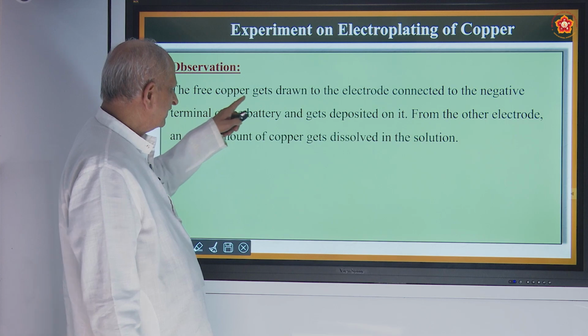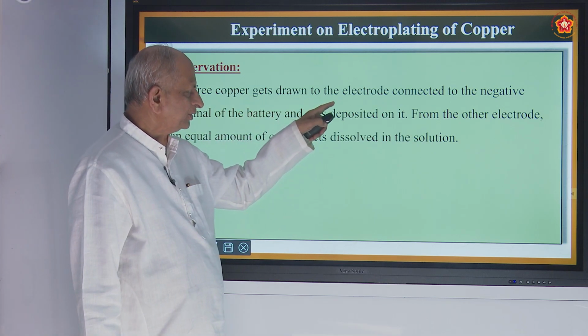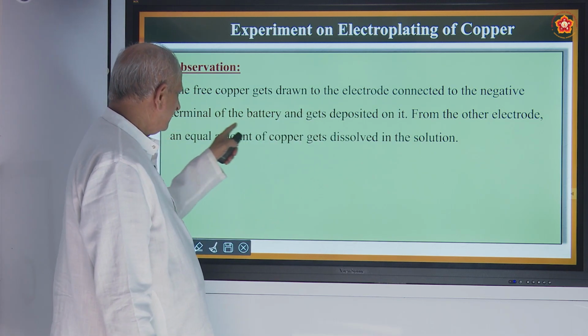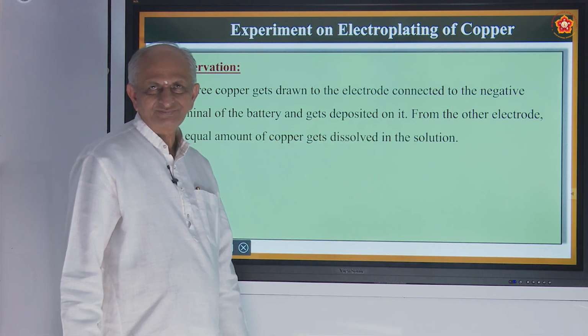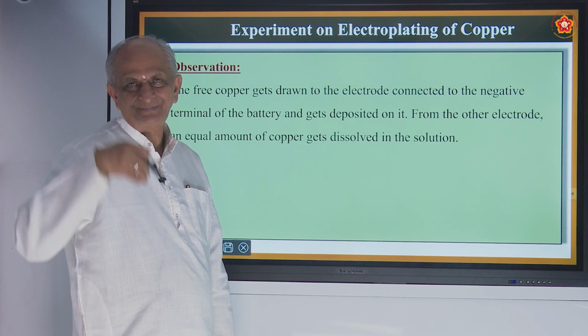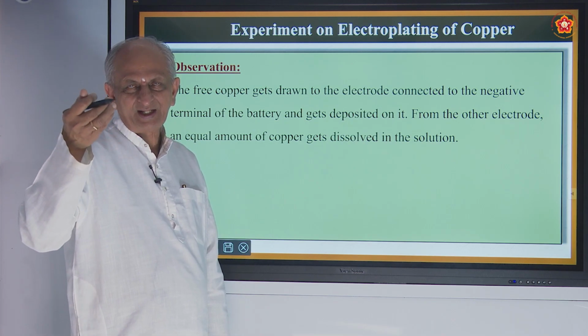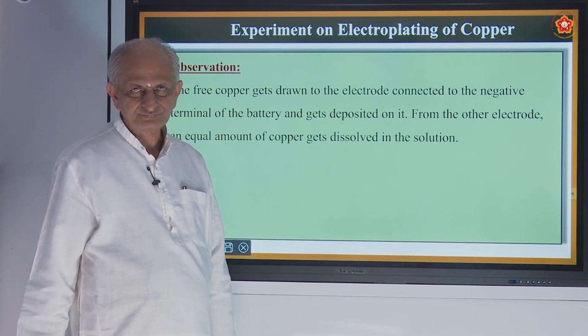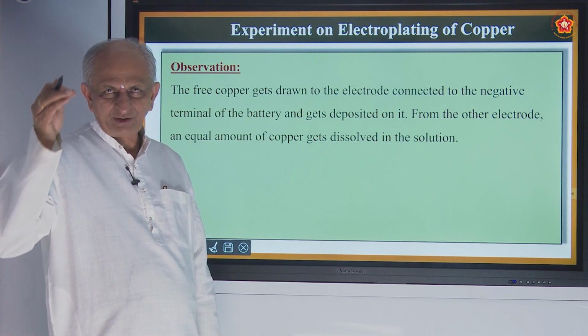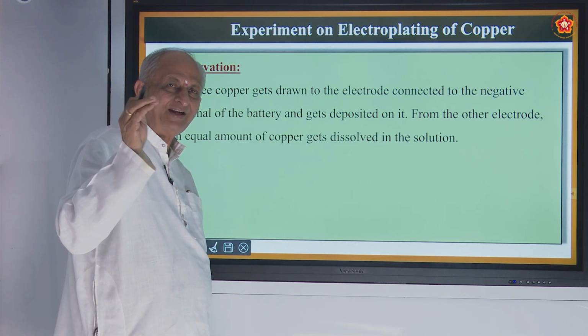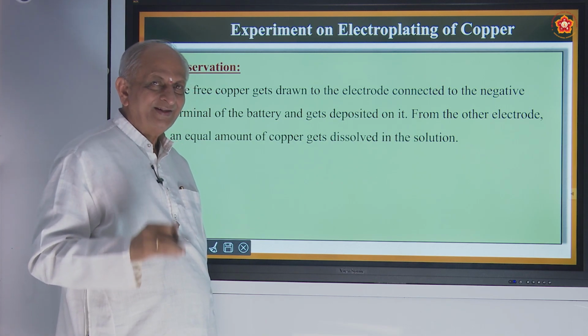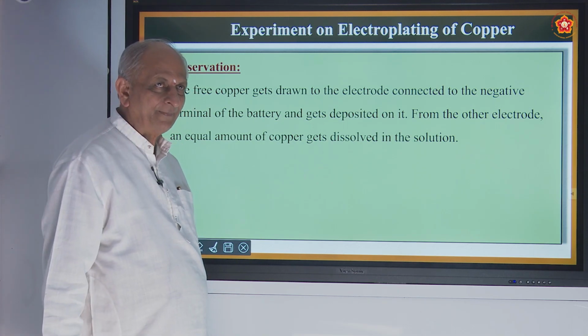The free copper gets drawn to the electrode connected to the negative terminal, meaning the cathode, and gets deposited on it. That is why you must clean it first. Actually in higher classes you are going to weigh it also. Before the experiment you have to weigh it. And after copper is deposited you have to dry it again and weigh it again. Then you will know the amount of copper deposited.